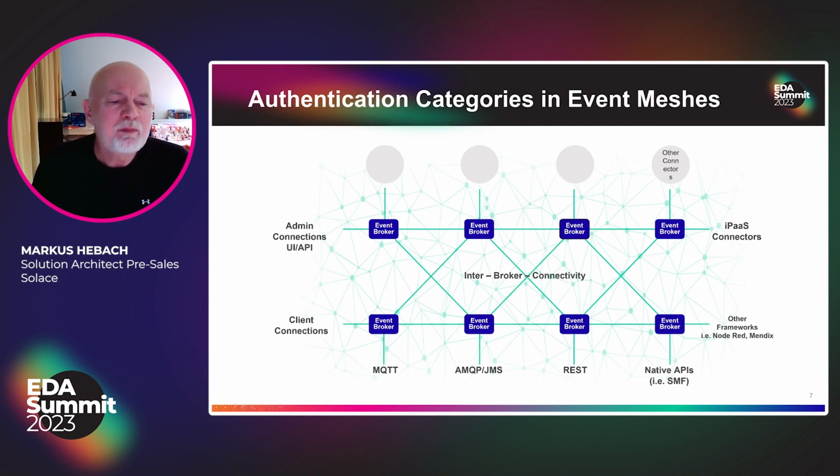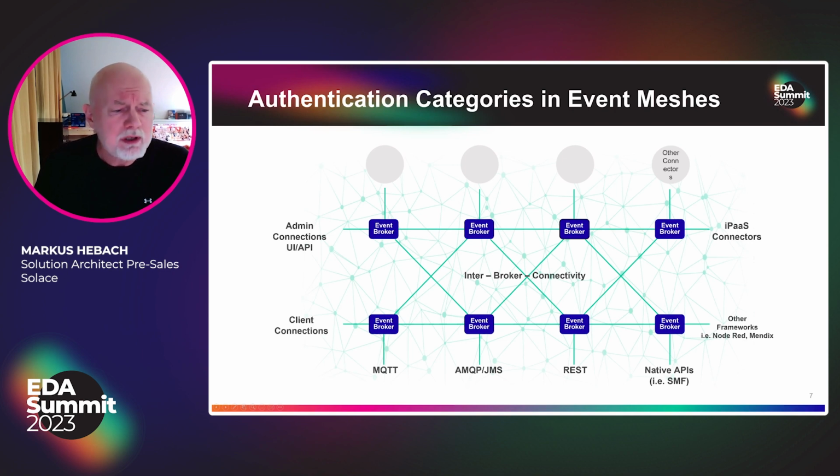An event mesh is obviously a network of event brokers which are connected to each other. From the outside, you always have one event broker as the outpost to connect to. Then the broker will receive messages and distribute them through the inter-broker connectivity.